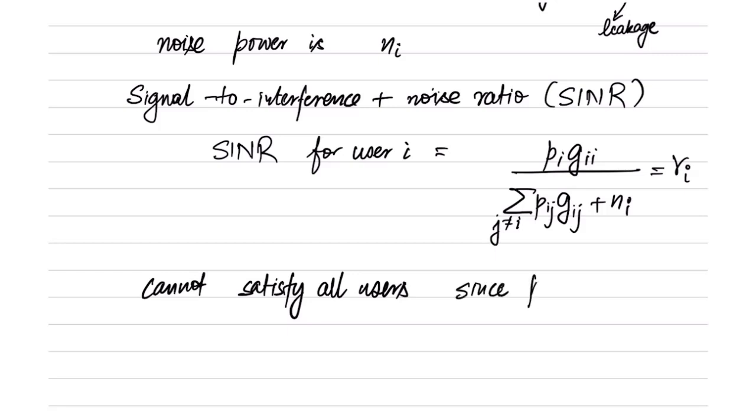If I increase Pi, then the SINR of the jth user will go down, because Pi will act as interference for the jth user. So there is a balance that I have to achieve. I cannot increase the powers indiscriminately.